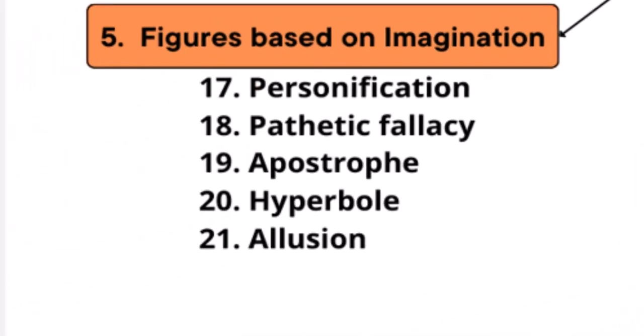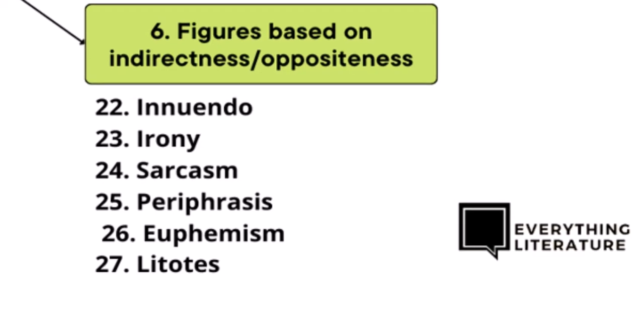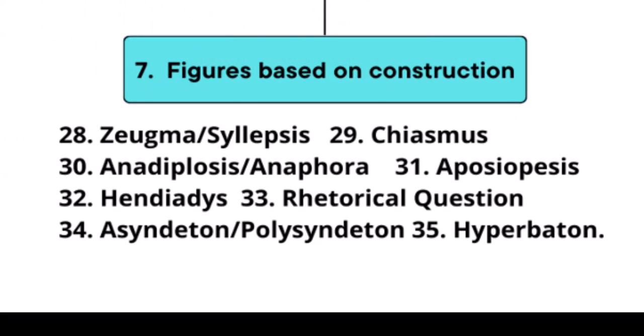Figures based on imagination, we have personification, pathetic fallacy, apostrophe, hyperbole, allusion. Then we have figures based on indirectness or oppositeness, which was discussed in our last class. We have innuendo, irony, sarcasm, periphrasis, euphemism, litotes. And specifically in today's class, we'll be discussing Zeugma, syllepsis, Chiasmus, Anadiplosis, anaphora, and the likes.